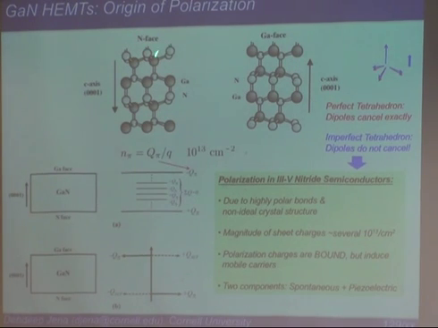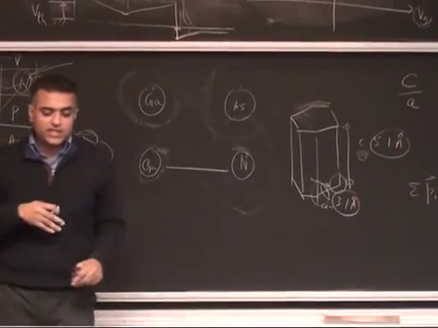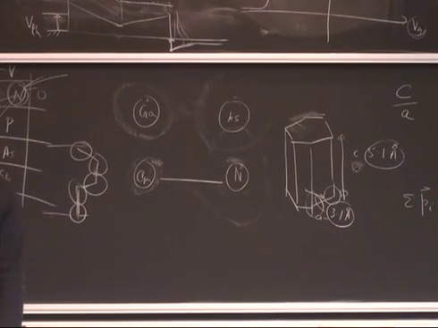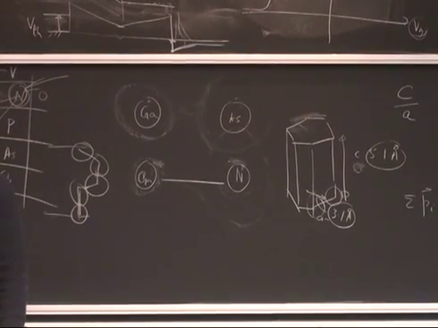The density is of the order of 10 to the power 13 per centimeter square, and what we'll see, I think we are out of time today, but basically you can see right away that if I have this sort of a high charge density, it will create huge fields internally. And I haven't even doped it yet. This is just a nitride semiconductor without doping. Already there's a huge internal field, and that is the key difference between the nitrides and many other semiconductors. Basically the bands start bending even if you haven't done anything inside the material.